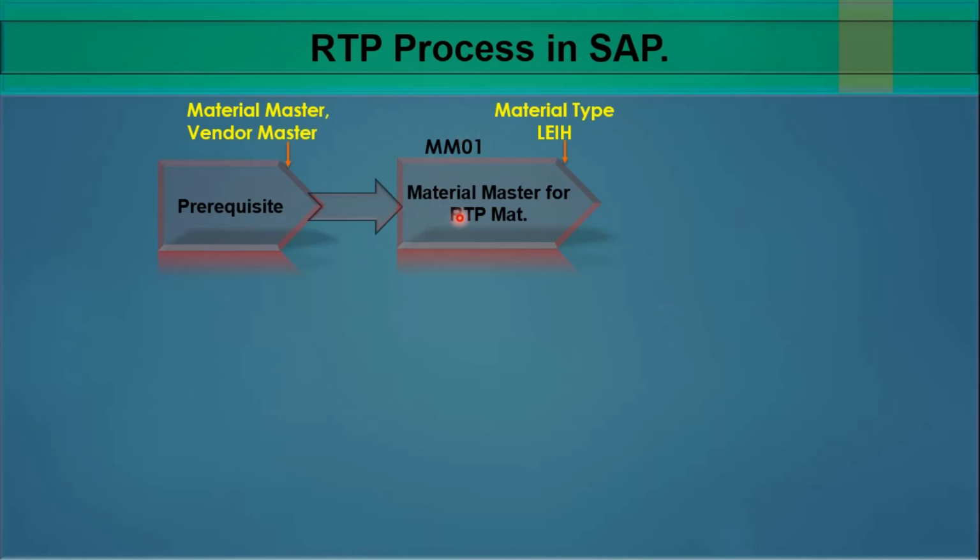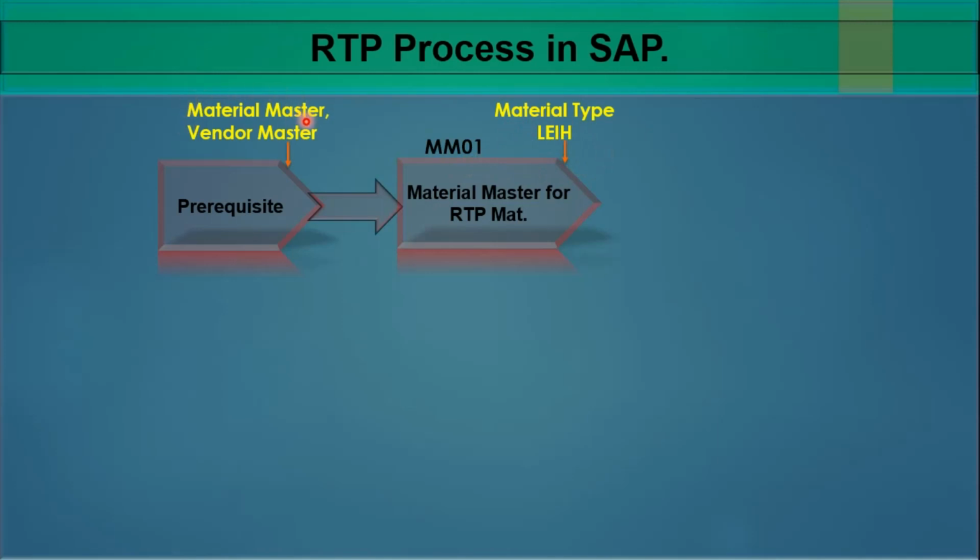I haven't created an extra material for returning my RTP materials, so I will create that material in MM01. Always note that RTP materials are always identified with material type LEIH. That is only for returnable transport packaging.